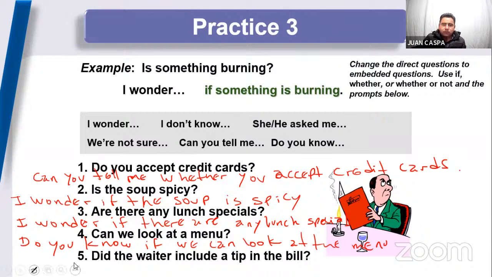What about the next one? Number five, please, Ernesto, can you do it? Yes, we are not sure if the waiter included a tip in the bill. We are not sure, yes.